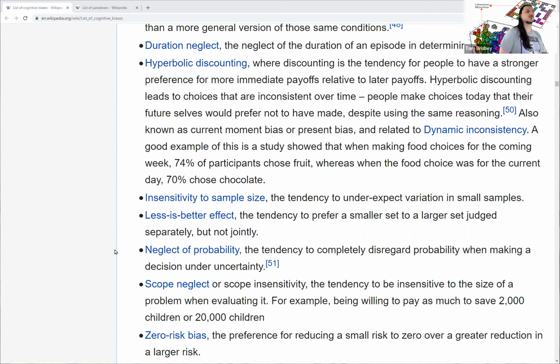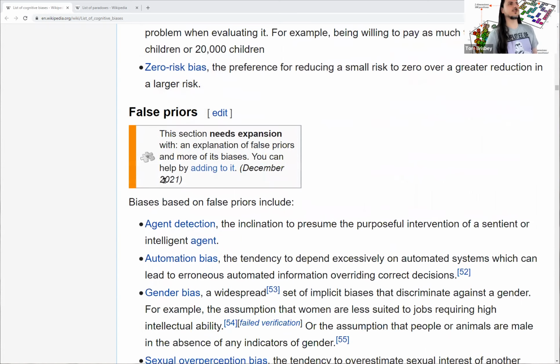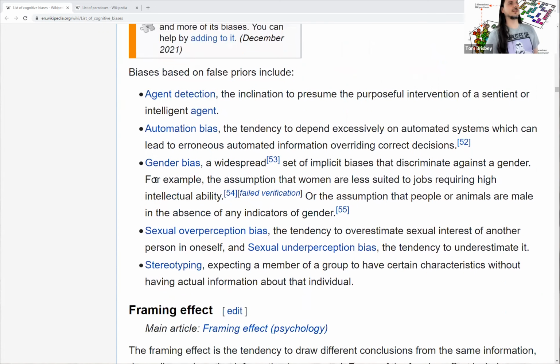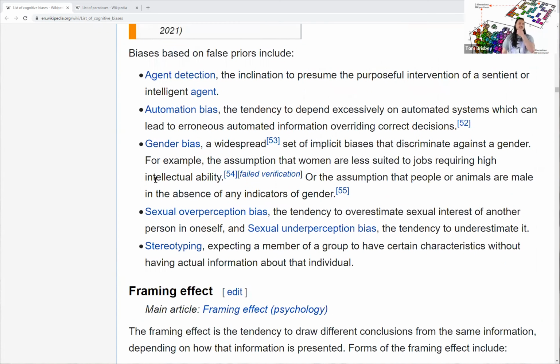So next one, the zero risk bias, the preference for reducing a small risk to zero over a greater reduction in a larger risk. Yeah, that's the COVID vaccine. There's a lot of ways to measure risk, and we measured the capacities to survive that disease as the highest metric by which we took all action.